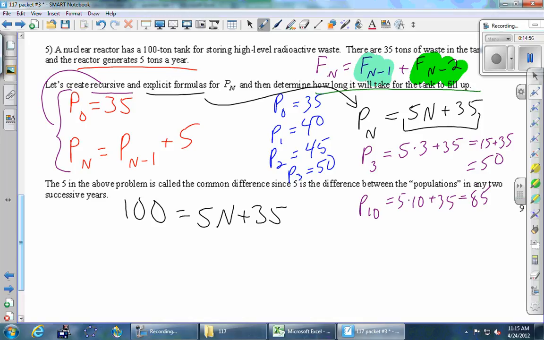First you subtract 35. And then there's algebra. Who knew? And then we divide by 5. So it will take 13 years for this tank to fill up.